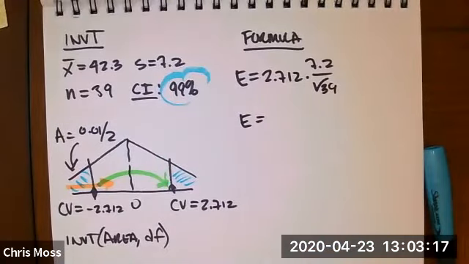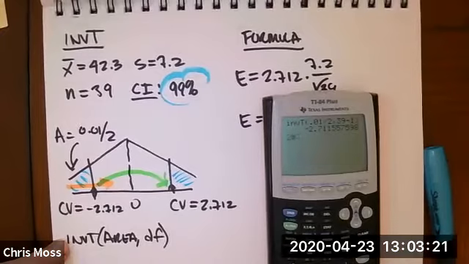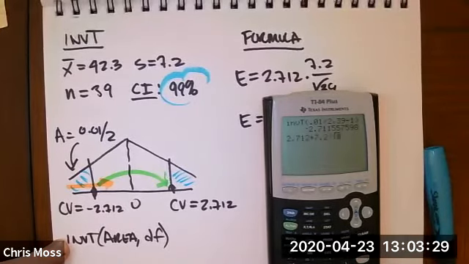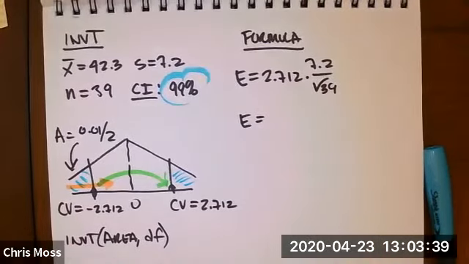I'll take one decimal place there. So 2.712 times 7.2 divided by the square root of 39. Blow on it once for luck. And I get a 3.12 and change, or 3.1 to one decimal place.